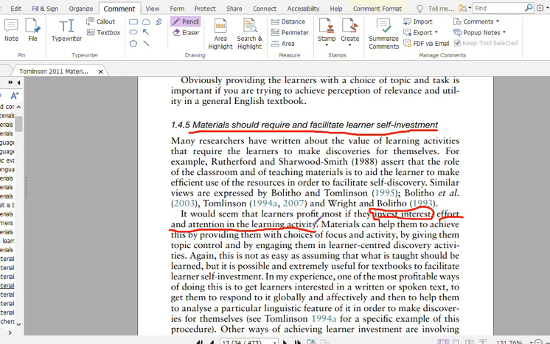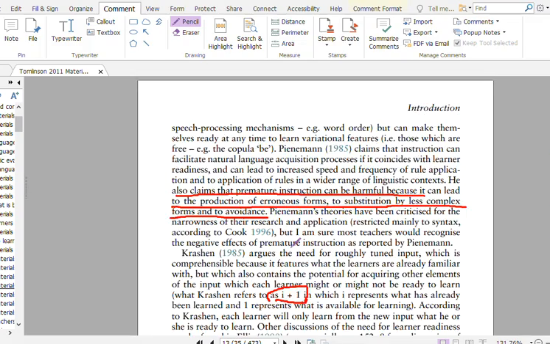So the material should be interesting enough to help learners invest in the learning activities, and use their efforts, their energy, their enthusiasm, and whatever is needed for learning.